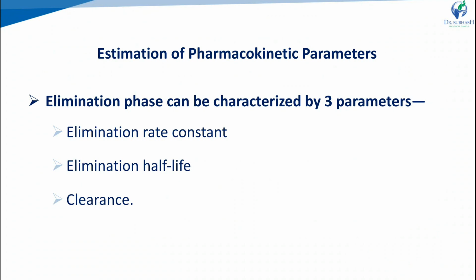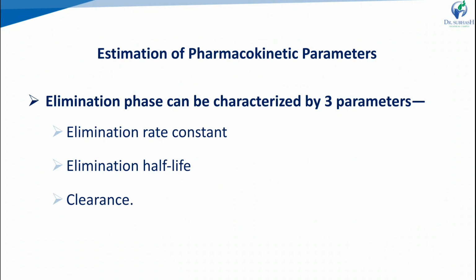Now, the estimation of pharmacokinetic parameters. For a drug that follows one compartment kinetics and is administered by rapid IV injection or IV bolus, the decline in plasma drug concentration is only due to the elimination phase. The absorption phase is negligible and not considered.